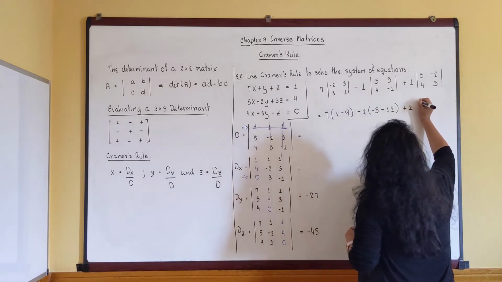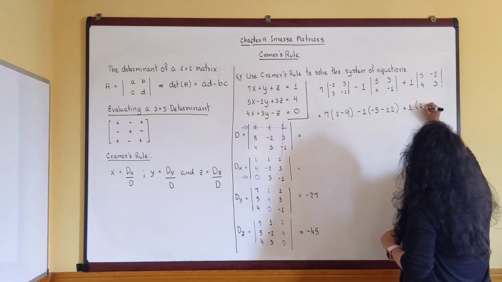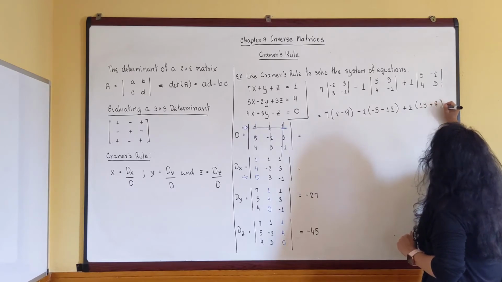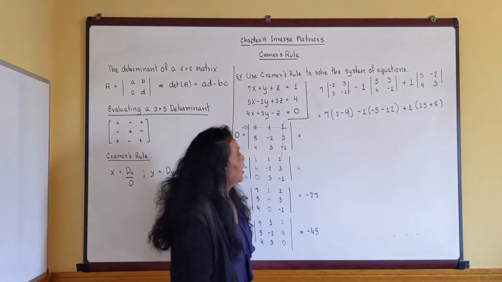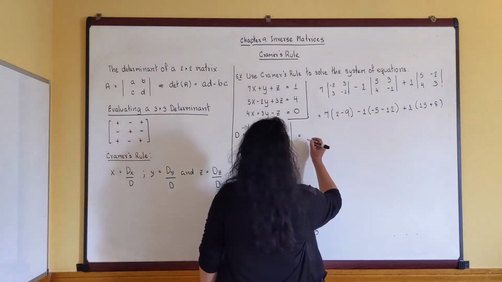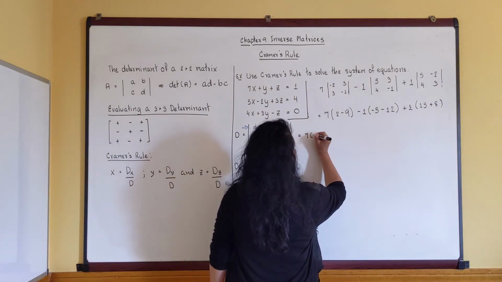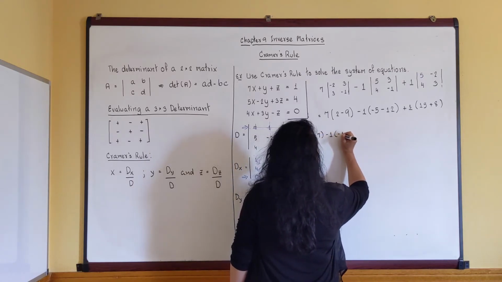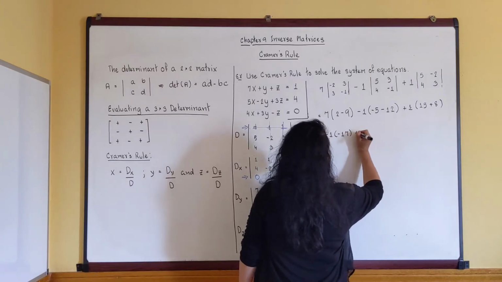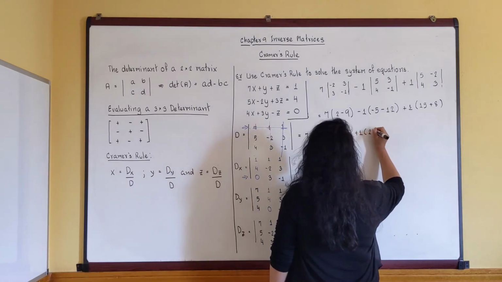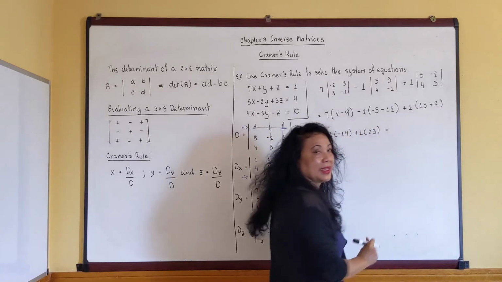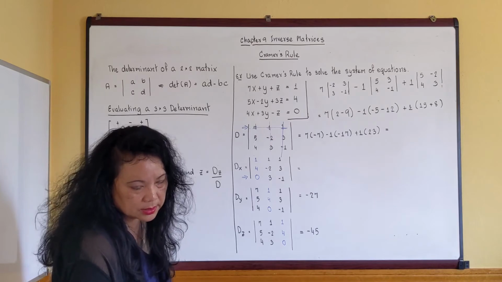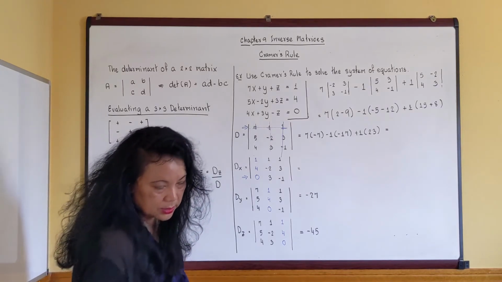Plus 1 times negative 2 times 4 is negative 8, minus 15, so it's negative 23... Let's simplify this. So I'm going to have 7 times negative 7 minus 1 times negative 17 plus 1 times 23. So you multiply it out. I think the answer is negative 9.